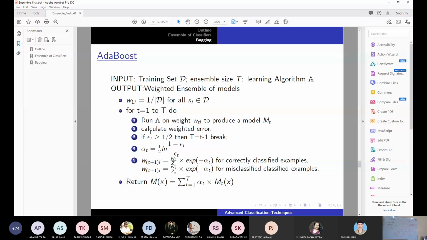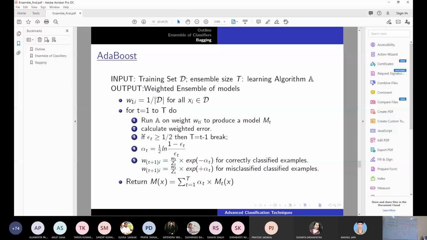If the error rate is above 1 by 2, then you cannot use that model. As I said, the error of the classifier must be better than the random classifier. That means the error rate should always be lesser than half. So you have to discard that particular value, and again start from the beginning.